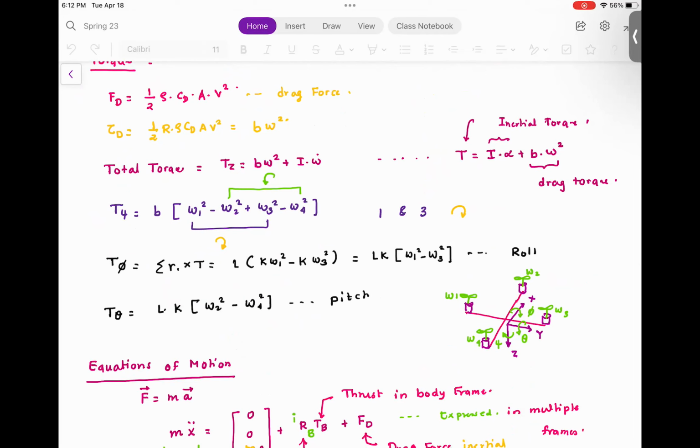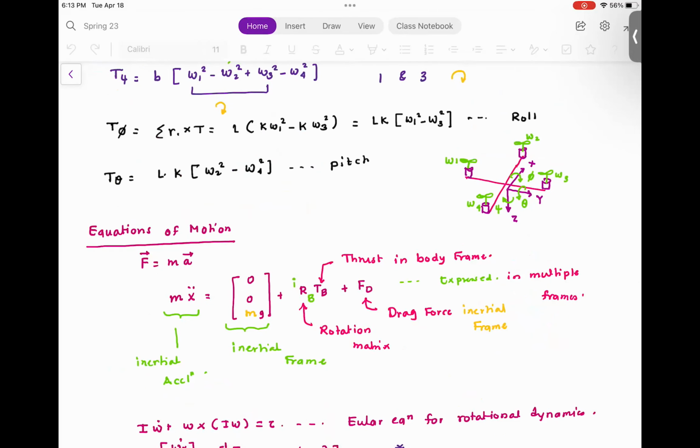Then we started looking at the equations of motion. Equations of motion are applications of Newton's law in the translational coordinate system and the rotational coordinate system. Typically, Newton's law is applied in the inertial frame. So m x double dot is equal to the external forces. So we have the gravitational force, and we have the thrust. Thrust is given by the props.